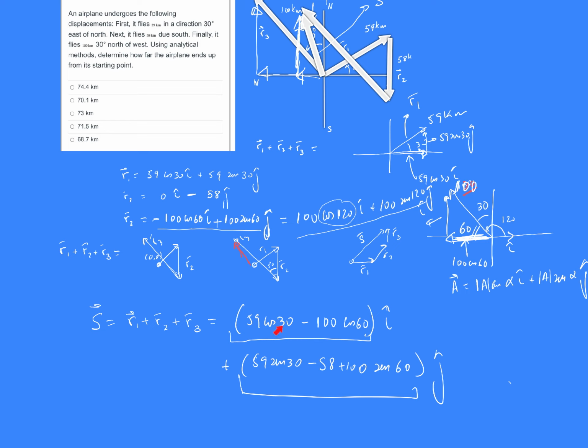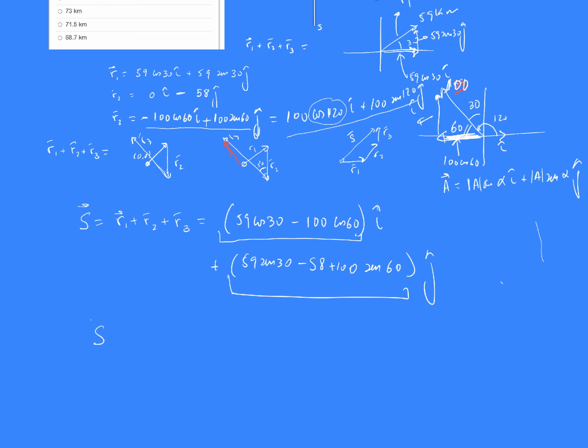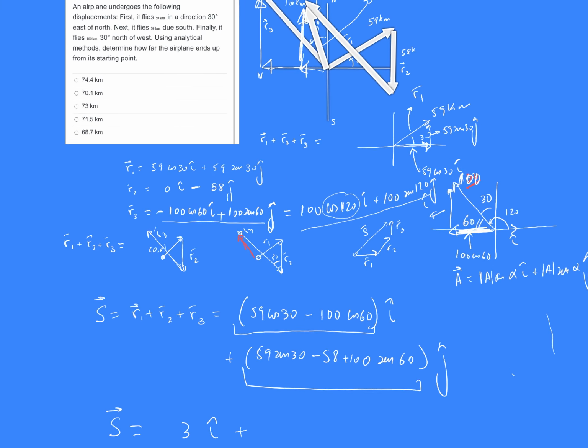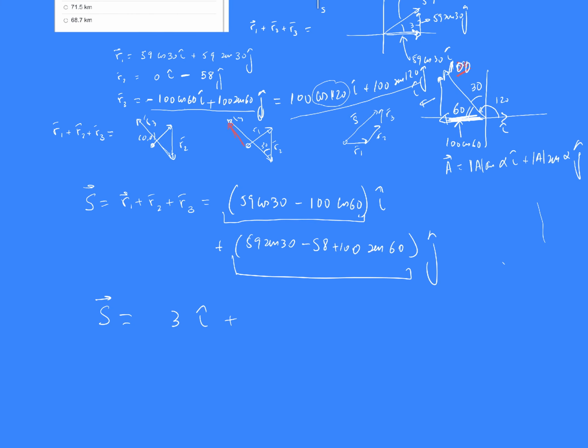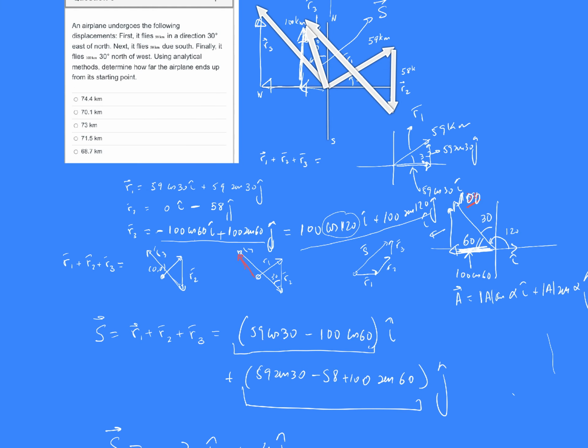You have to work a little bit with cosine of 30 and make it a number. Okay, let's say that after doing the calculation, and let's put it like we see in the picture, it is something negative, minus 3i plus 4j. I see that the sum will have this structure.